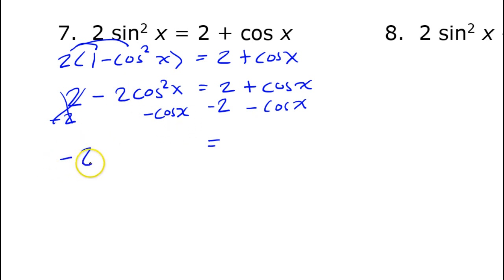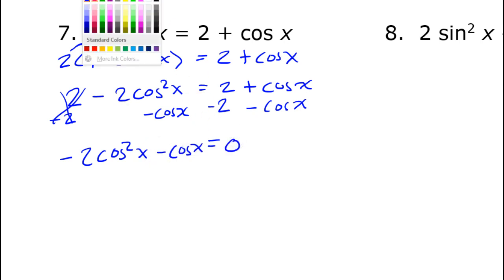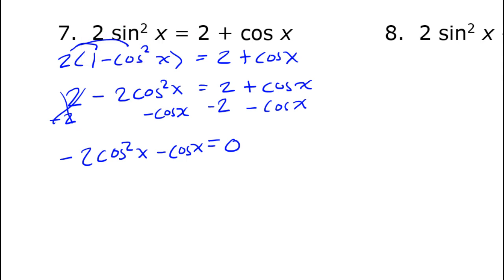So I'll have negative 2 cosine squared x minus cosine x is equal to 0. I am going to take out a GCF of, well, you know what? First of all, I don't like the fact that it's negative. So I'm going to multiply both sides of the equation by negative 1.